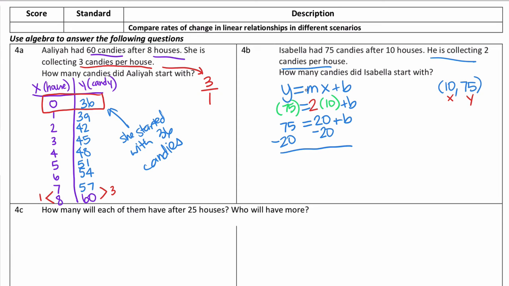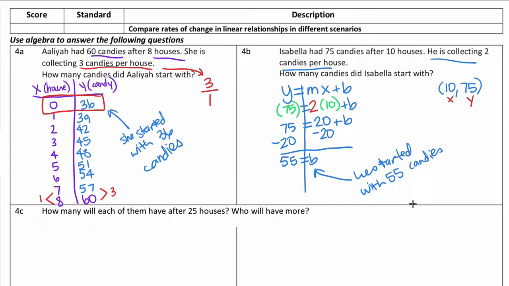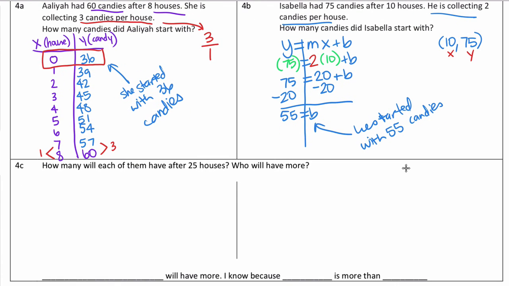So that tells me I started with 55 candies. So that means that he started, whoops, my handwriting is really bad right now. He started with 55 candies.